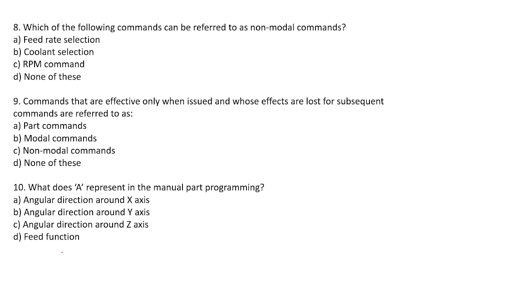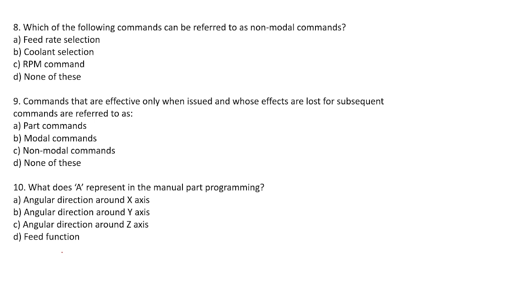Like speed, I have put 1000 RPM, N1000. Unless I change it to N900 or N800, it will not change again. Like that, even feed rate. For example, feed rate I have put F10, 10 mm per revolution or 10 mm per minute. Unless I change it to F20, it will not change.